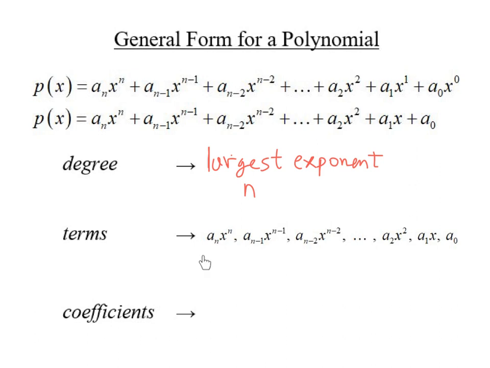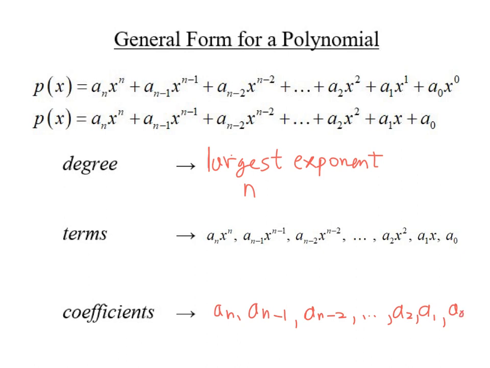The terms I've written out, the terms are just each one of these power functions. So just writing them out. The coefficients now, those are simply the numbers that are multiplying each variable, right? So we would have a sub n, and then a sub n minus 1, and then a sub n minus 2, all the way down to a sub 2, a sub 1, and then I guess we could call a sub 0 a coefficient.